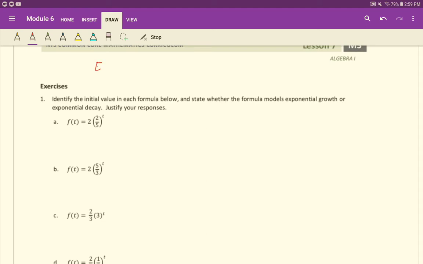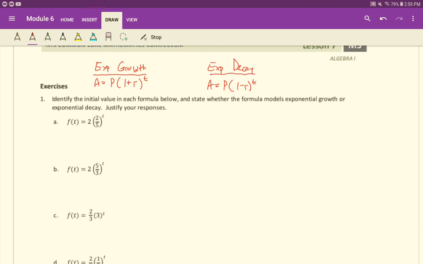So remember, for exponential growth, our formula was A, the final amount, equals P, the starting amount, times 1 plus r to the t. For exponential decay, our formula was A equals P times 1 minus r to the t.